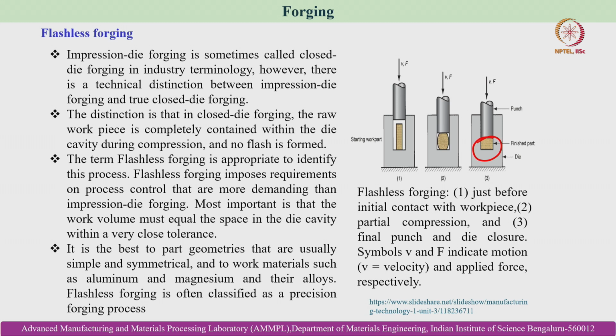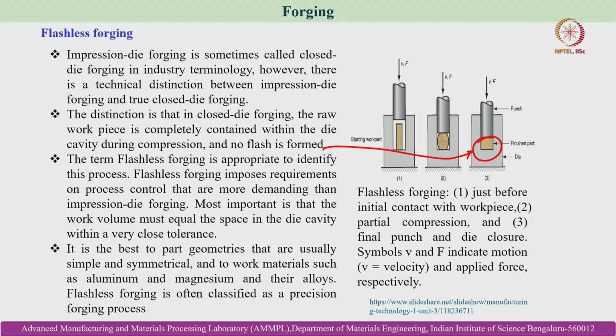However, there is a technical distinction between impression die forging and true closed die forging. In closed die forging, the raw workpiece is completely contained within the die cavity during compression and no flash is formed. That is what is shown over here, and the term flashless forging is appropriate to identify this process.